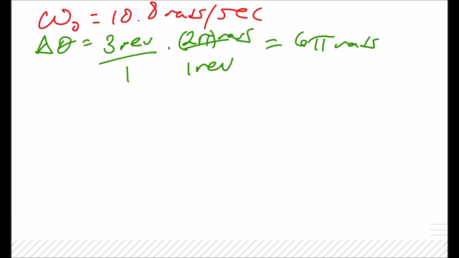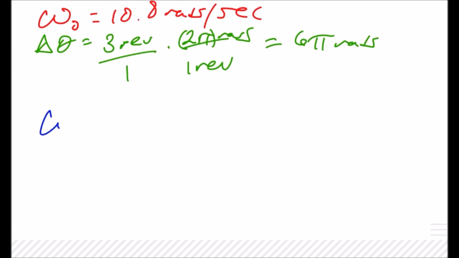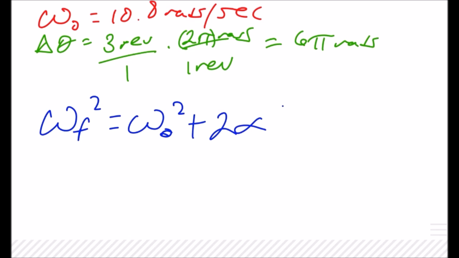We can say omega final squared equals omega initial squared plus 2 alpha times delta theta. You got that memorized already? I hope so. Because you know how we had a quiz over them when they were in linear form?